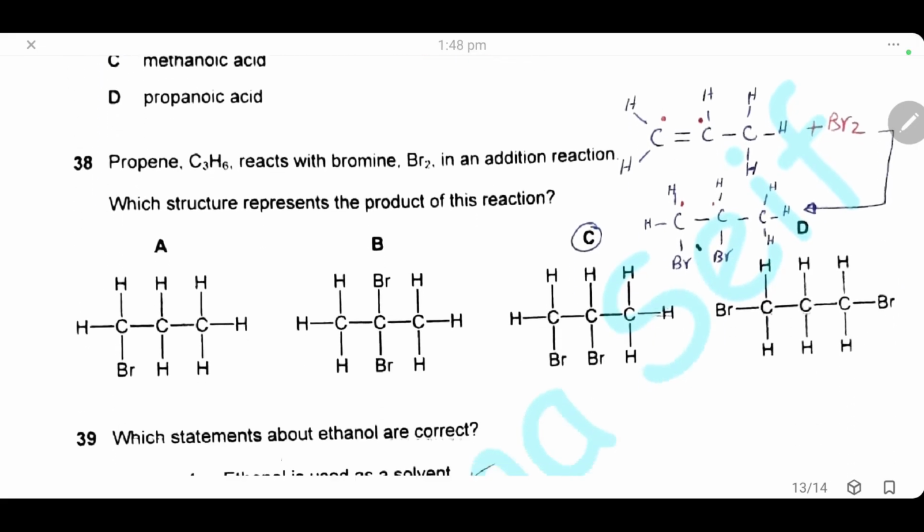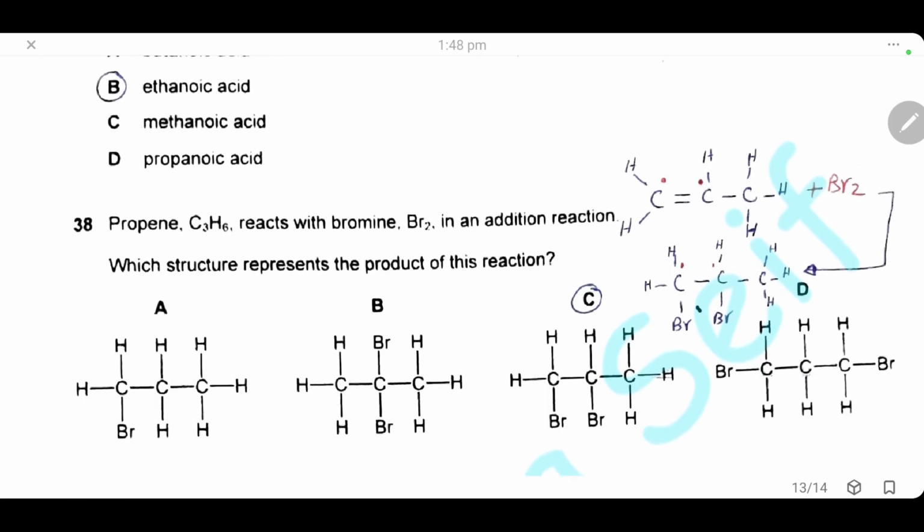Question 38. Propene, C3H6, reacts with bromine in an addition reaction. Which structure represents the product of this reaction? Propene has 3 carbon atoms and it's an alkene, so we have a double bond between carbon number 1 and carbon number 2. When we add bromine, we will break the double bond, adding 1 bromine atom to each carbon.